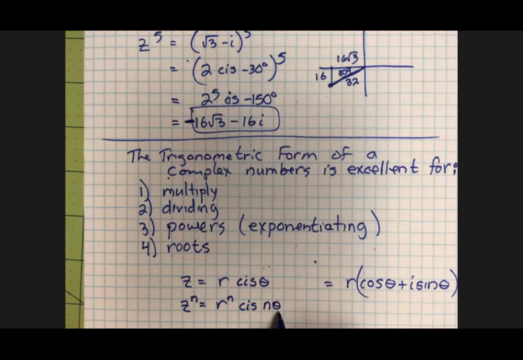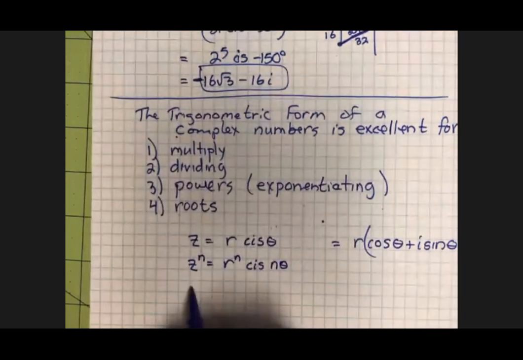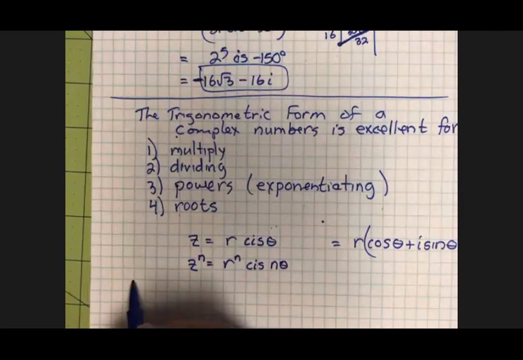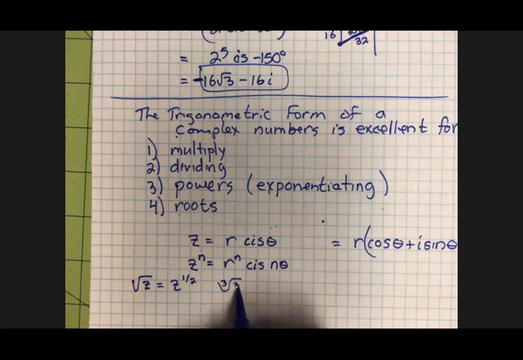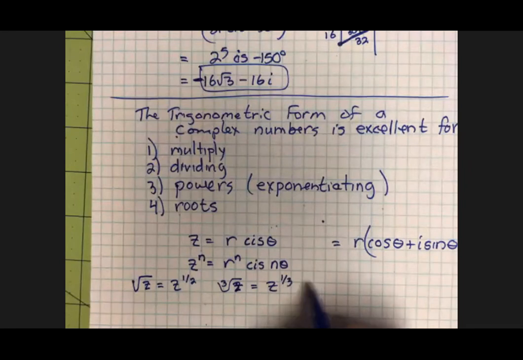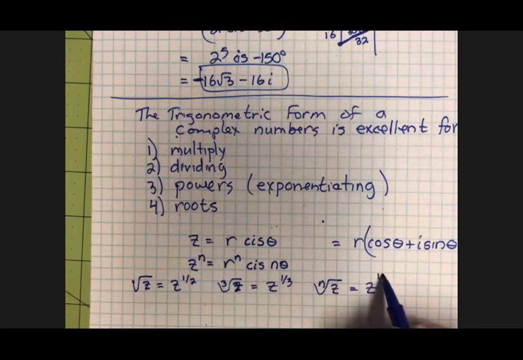But that also works for roots because in algebra class, you would have learned that the square root of a number is just the 1/2 power of that number. The cube root of a number is just the 1/3 power of that number. Any root you take, you can represent as a power.